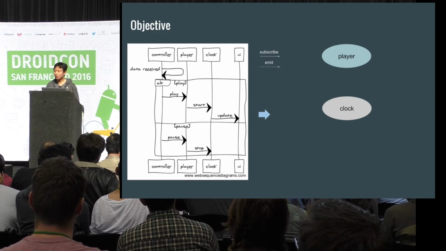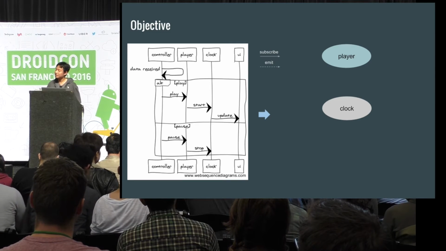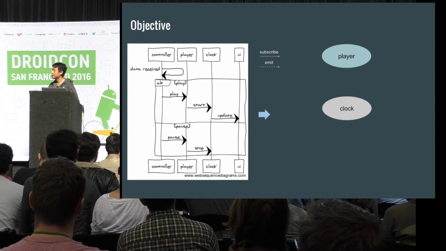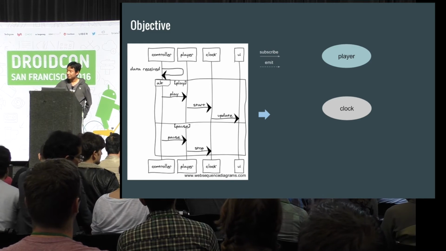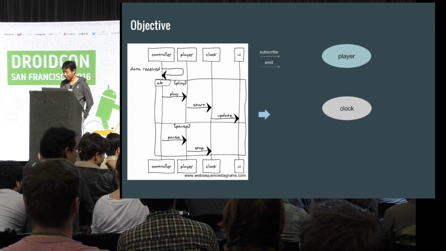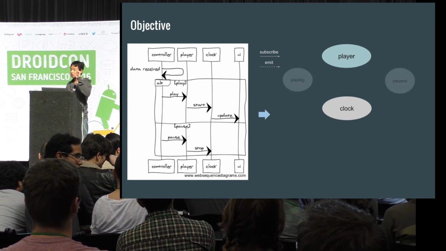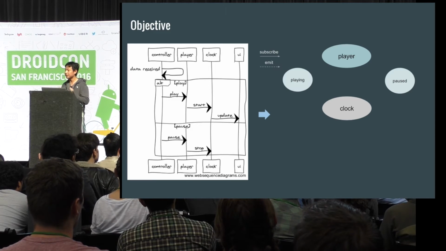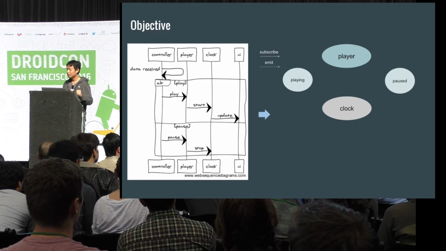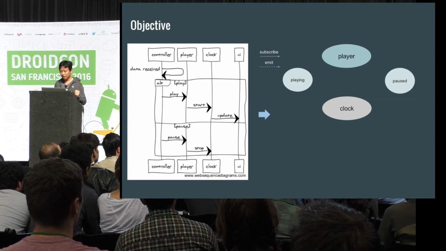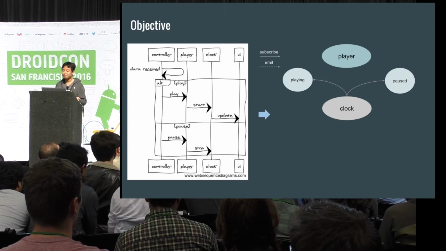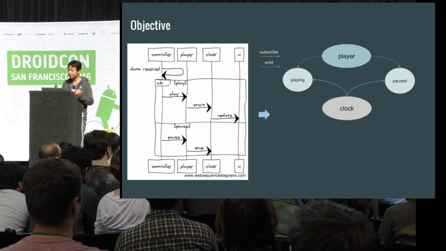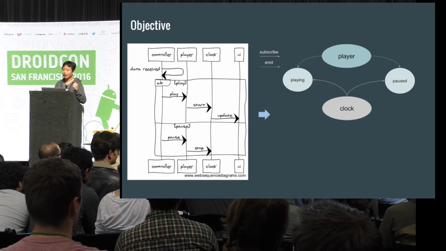If I make the clock know about the player as a listener, it needs to implement all the listener methods. So this is one of the solutions. You create two topics here, playing and pause. I'm only taking two examples, playing and pause. And then the clock subscribes, and I'm going to go into detail here later.